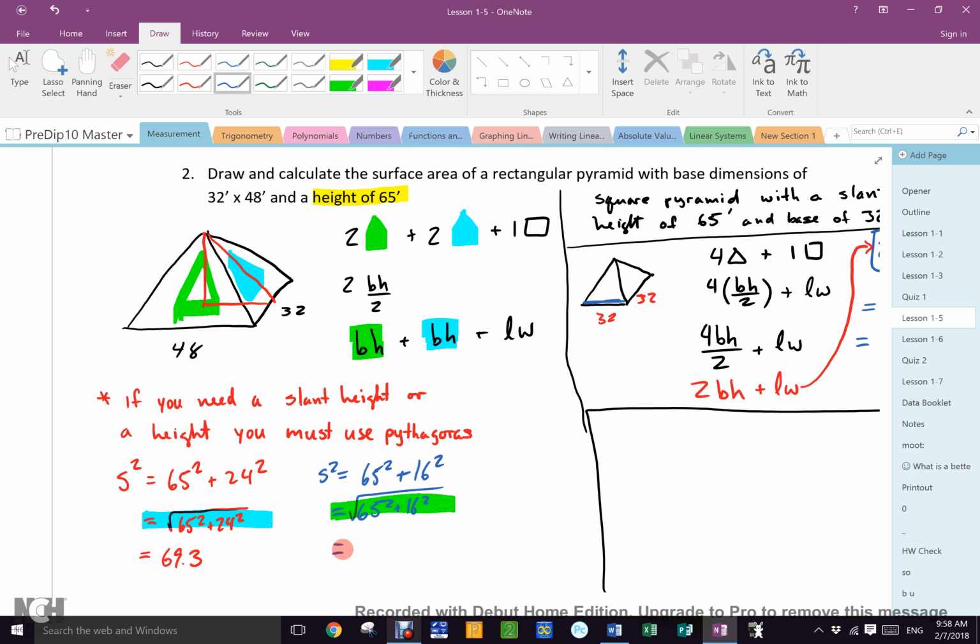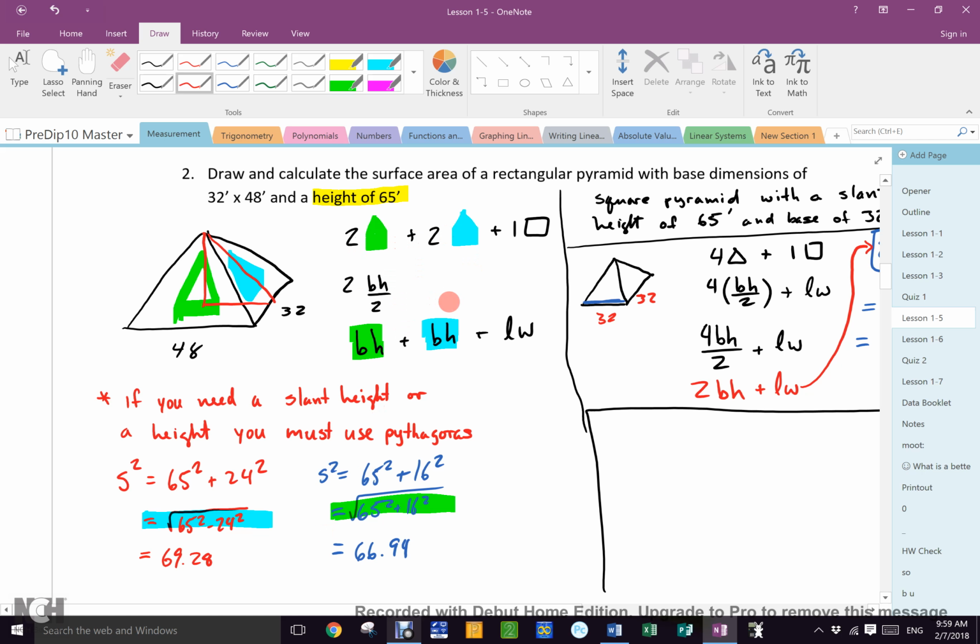What's the blue one? The blue one is 2? That can't be. 66.994. So this one was 69.28. Now, what do I do with those two numbers?